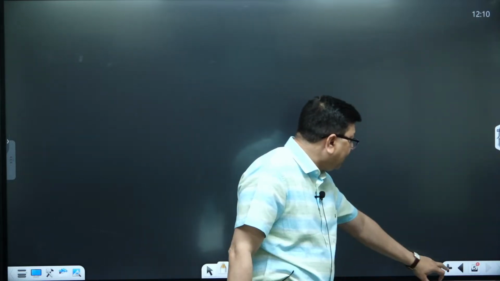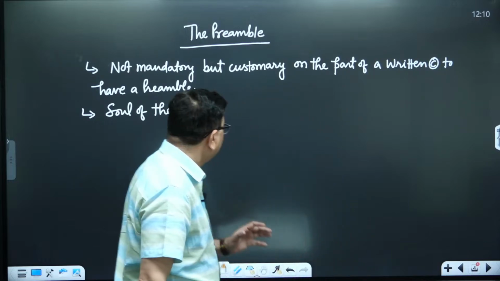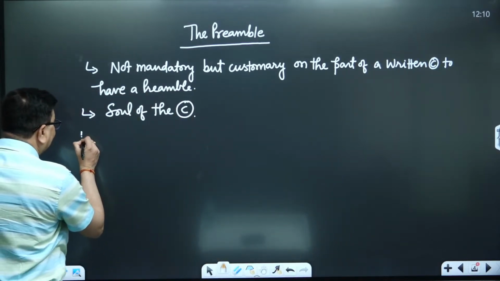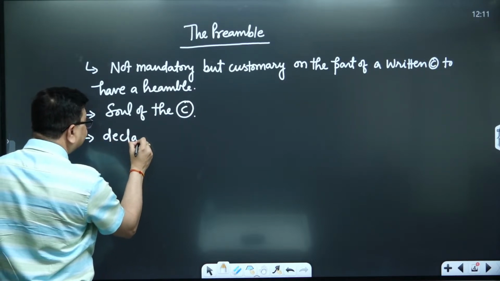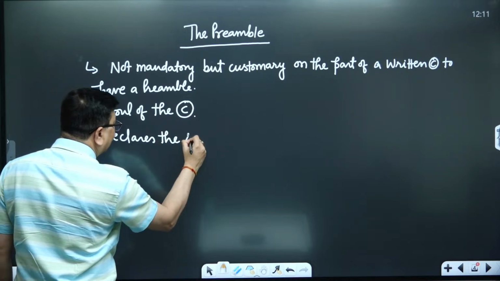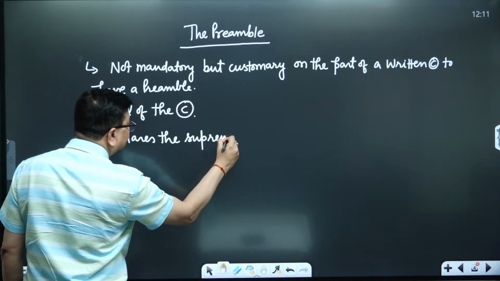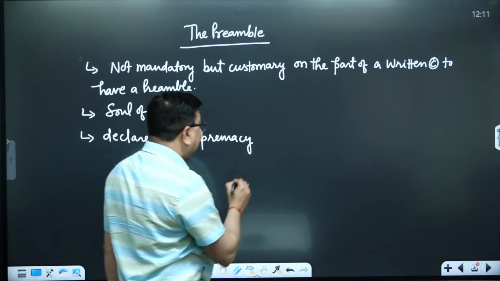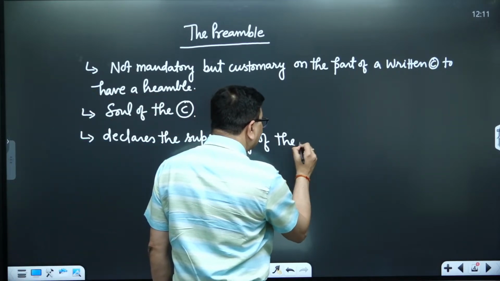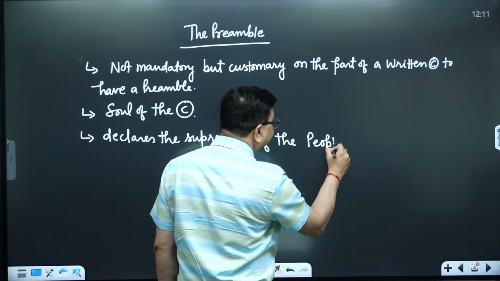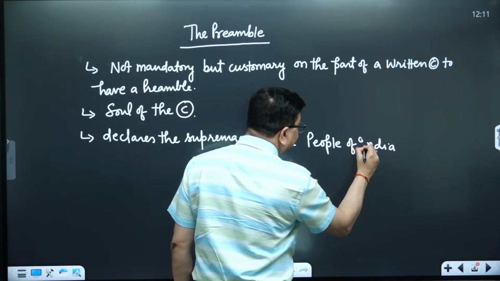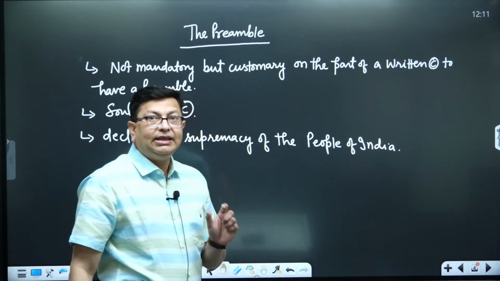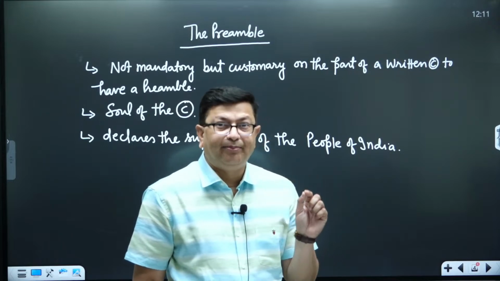Another area from where the questions can be asked can be some statements again, and here some other statements can be that the preamble declares the supremacy of the people of India. You see, in the preamble, the words are "we the people."